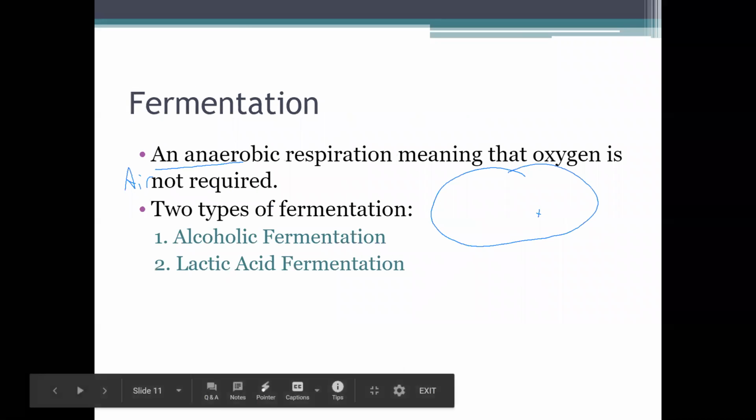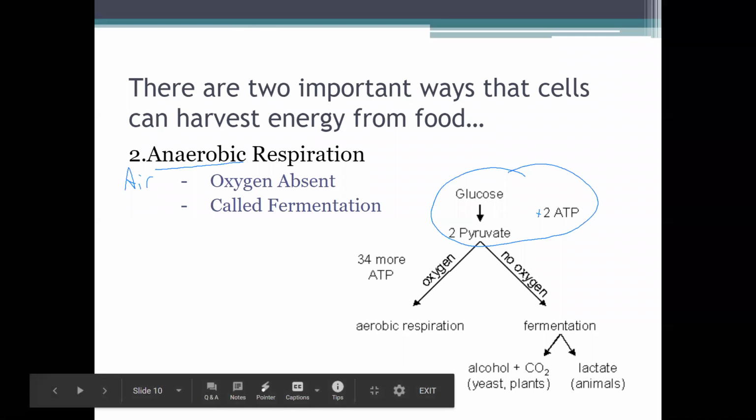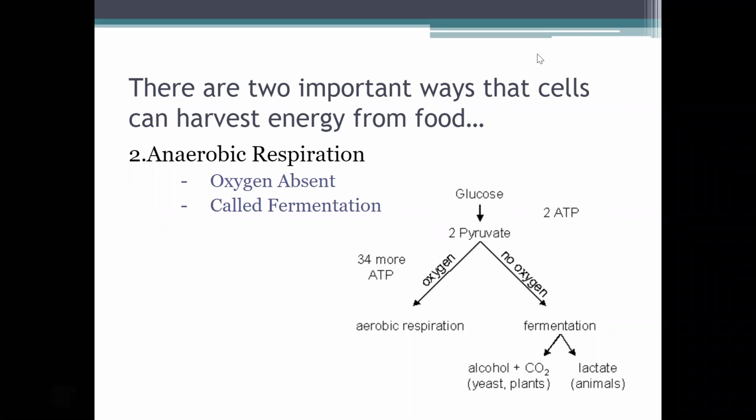Anaerobic respiration, on the other hand, is respiration that is happening in the absence of oxygen. So oxygen is not there. And like I said before, another term for anaerobic respiration is fermentation.